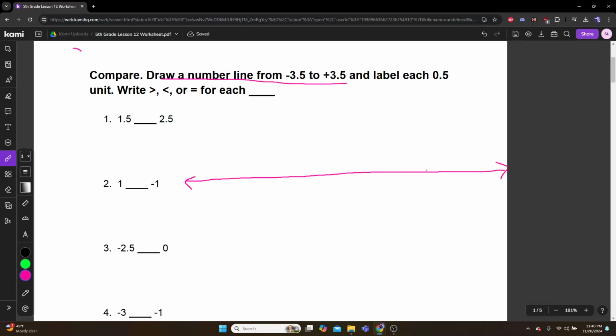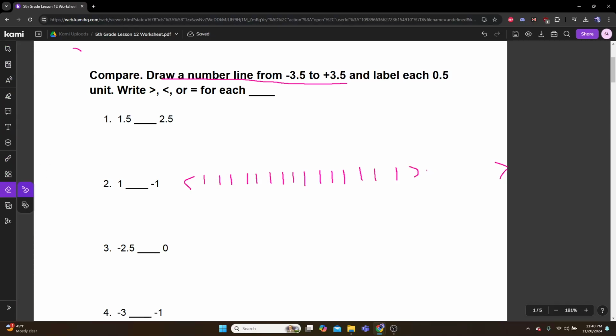Okay, so this is our number line. Then each 0.5 unit, so let's just say it ends here. And then each one would go by 0.5.